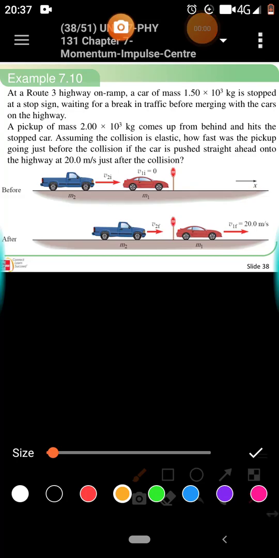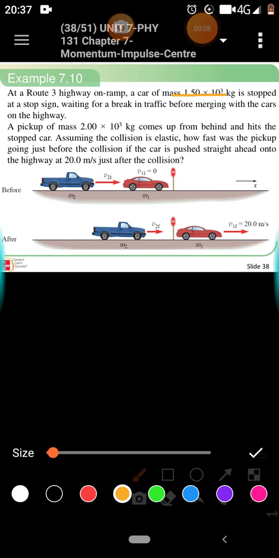Let's do example 7.10. On a Route 3 highway on-ramp, a car of mass 1.5 times 10 to the power 3 kg is stopped at a stop sign, waiting for a break in traffic before merging with the cars on the highway.